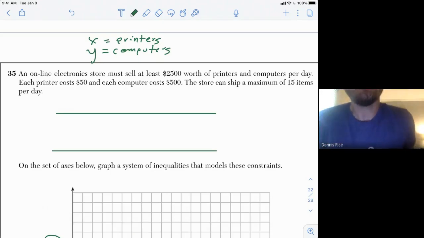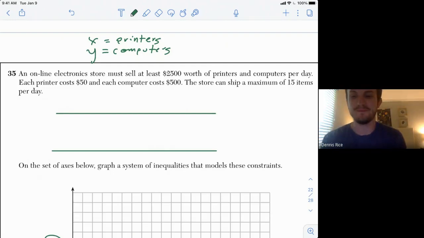Okay. So using X and Y here, can someone give me an inequality that represents this situation?